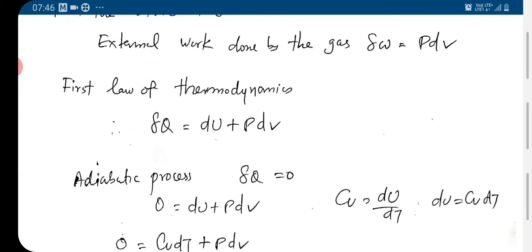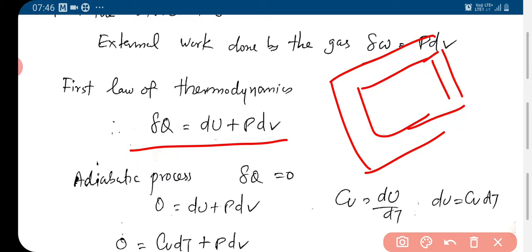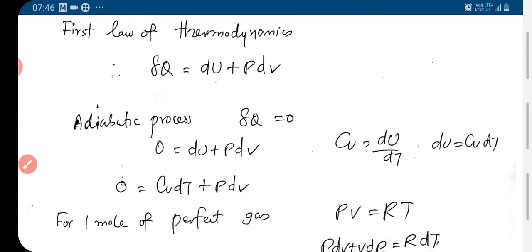In an adiabatic process the system is completely isolated from the surroundings, so delta Q is equal to 0.